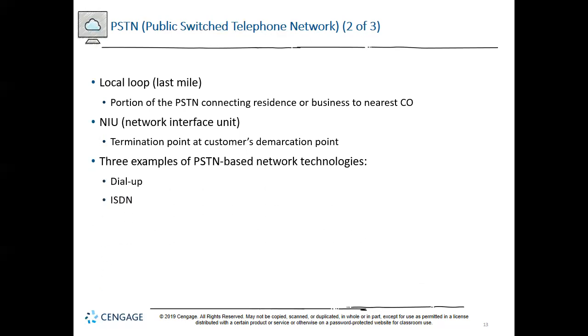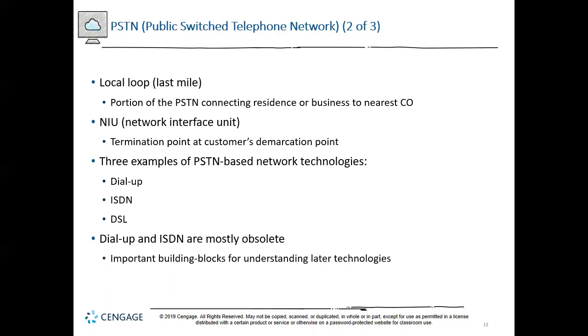So dial-up, we mentioned ISDN, old stuff, digital subscriber line. And digital subscriber line is where we kind of are. We're not really using dial-up anymore for individual users to connect to the internet, but certainly not as a WAN technology. When would you use this?